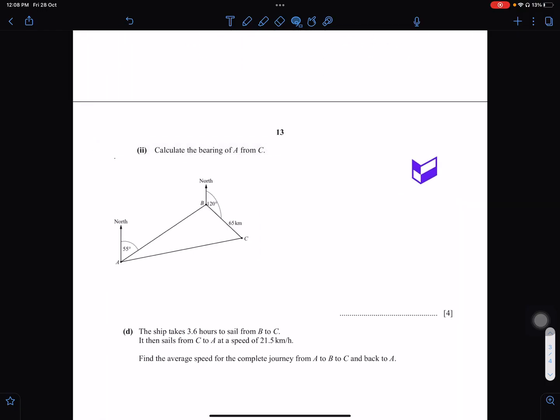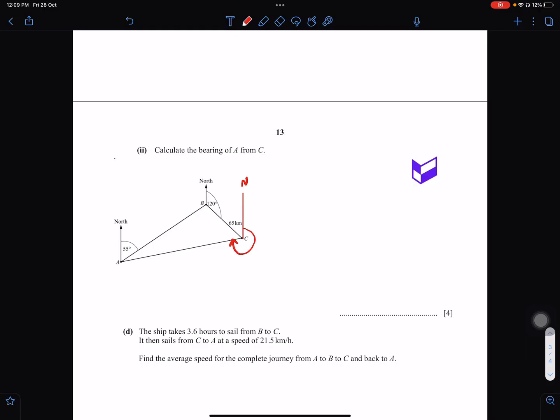We have to calculate the bearing of point A from C, so it is taken from the point C. I'm going to drop a north direction at the point C, and the bearing of point A from C would be this angle, the angle which I'm just drawing, because the bearing is always taken from the north direction, and that too in the clockwise direction.